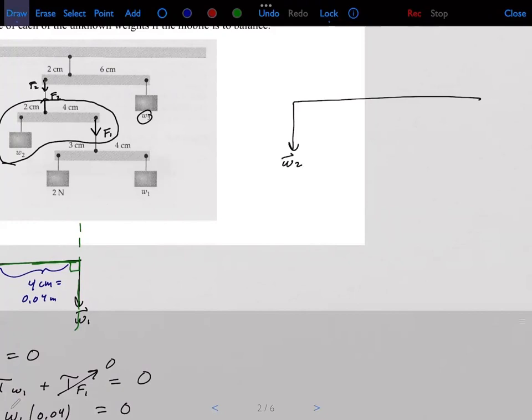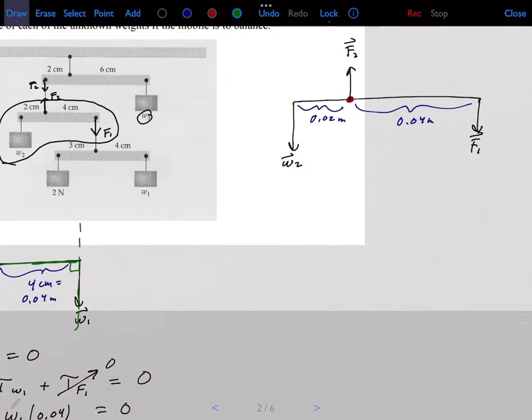This is going to be my axis of rotation. This is F2. And then this is F1 acting down. And I know this distance is 2 centimeters, which is 0.02 meters. And this is 4 centimeters, which is 0.04 meters, right?